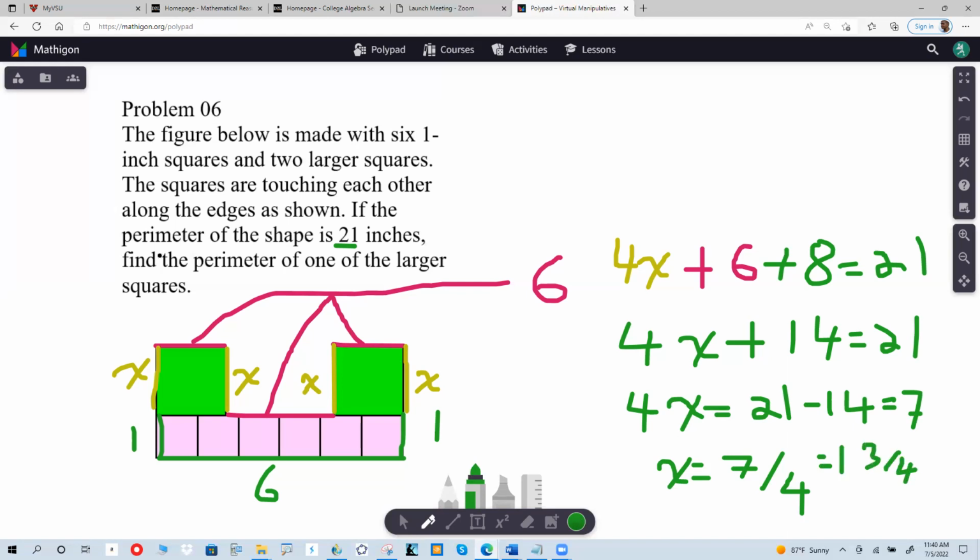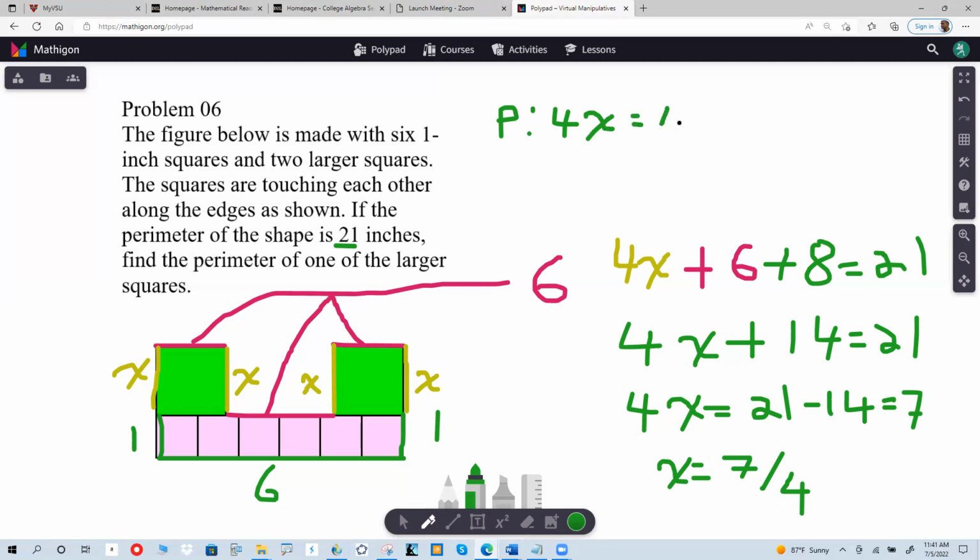But before I check my answer, they want us to find the perimeter. I found each side, okay? Each side is 7 over 4. So the perimeter has to be 4 times x. Perimeter is 4x, x plus x plus x plus x.